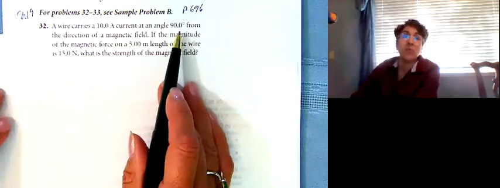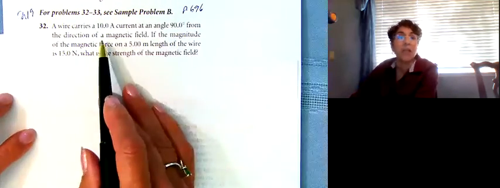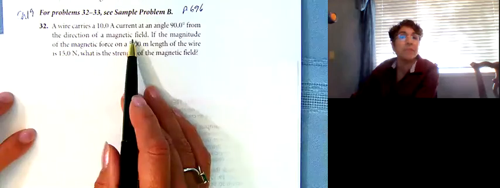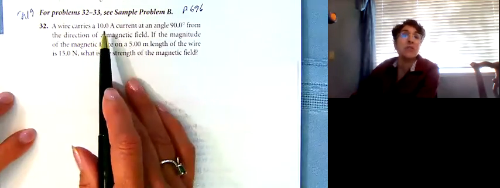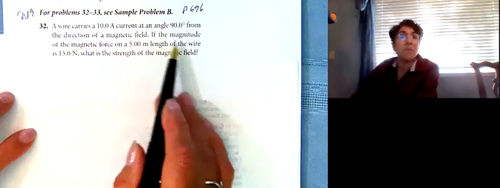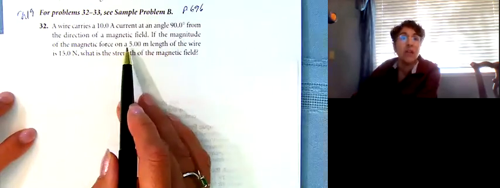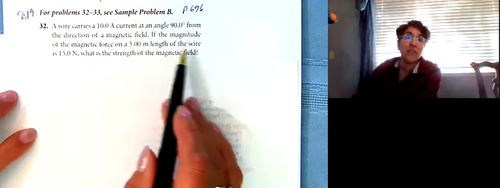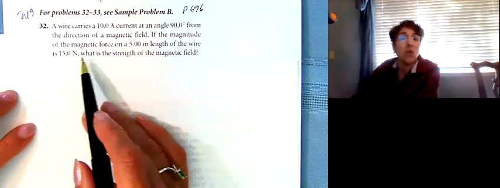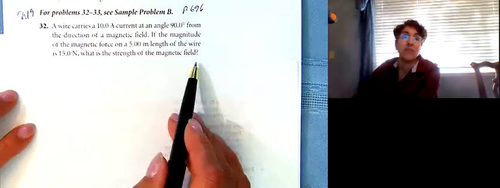But sine of 90 is 1. So it's 90 degrees from the direction of the magnetic field, 90 degrees to the direction of the current. If the magnitude of the magnetic force on the 5 meter length of wire is 15 newtons, what is the strength of the magnetic field?